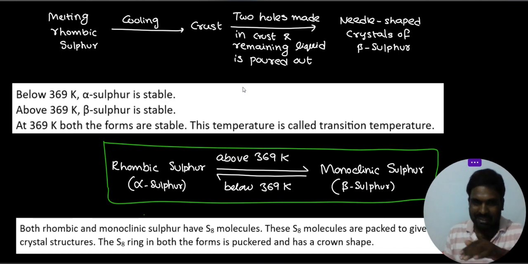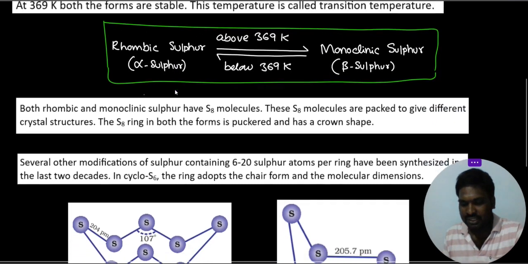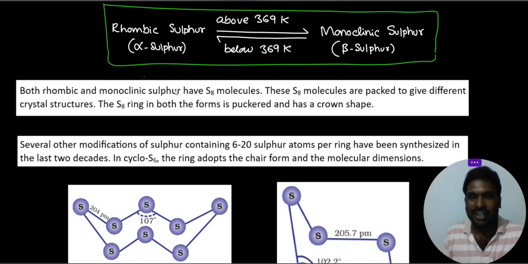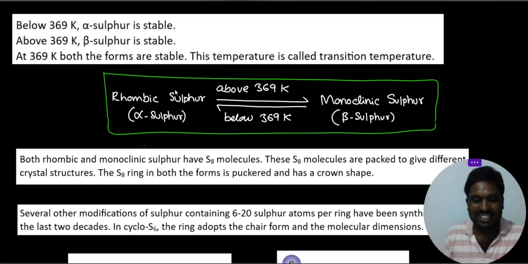Below 369 the backward reaction means alpha sulfur, rhombic sulfur, is more stable. At 369 both forms are stable, that is called the transition temperature. So this is a very important point. You can expect the question, what is the transition temperature? Above 369 Kelvin which form is more stable, below 369 Kelvin which form is more stable? They are expecting such questions.